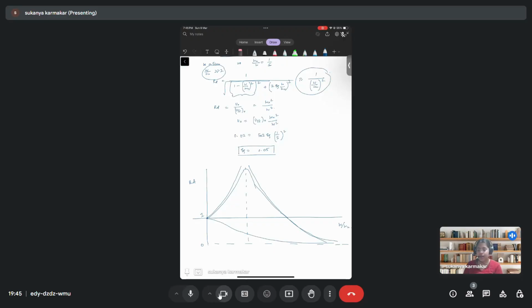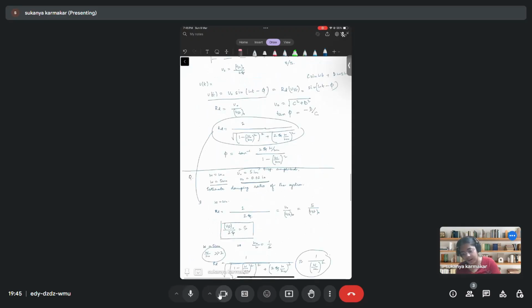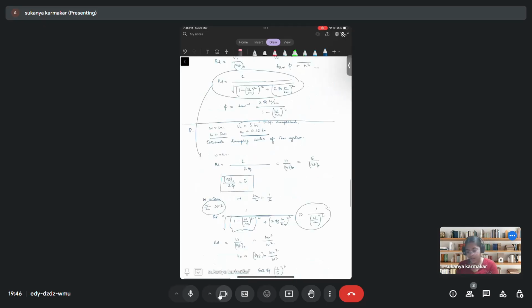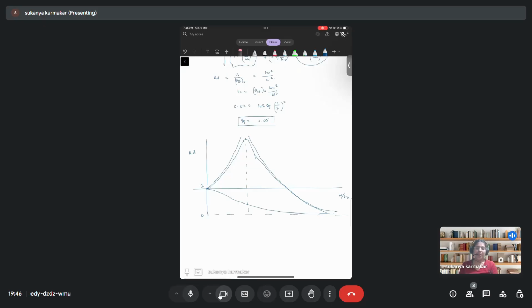You can say that in comparison to static deflection, because how do you define RD? RD is u naught by ust naught. ust naught is when you consider the force to be static. Your response will be lesser than that of the static case.